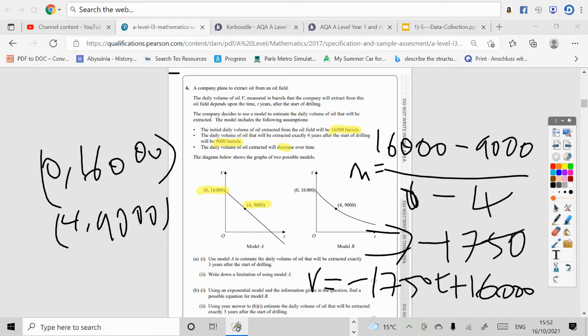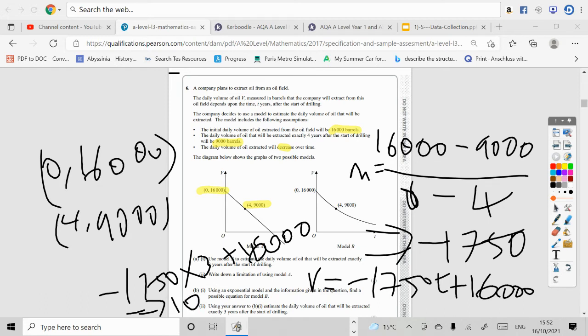We want after 3 years, so minus 1750 times 3 plus 16,000. Let's do that on the calculator. And I get 10,750 barrels. Okay, that is A part 1.